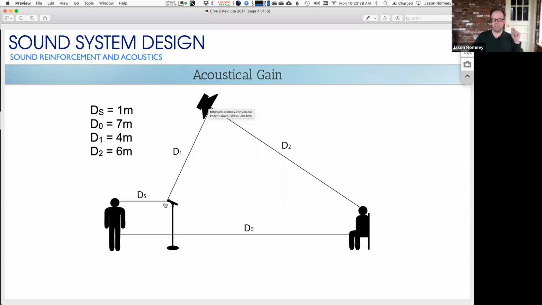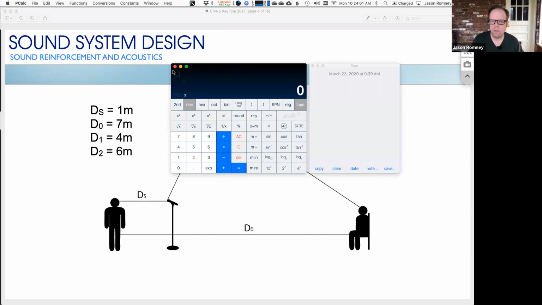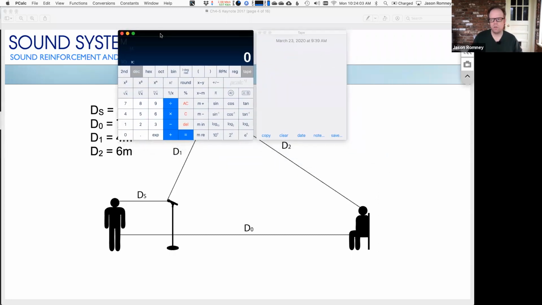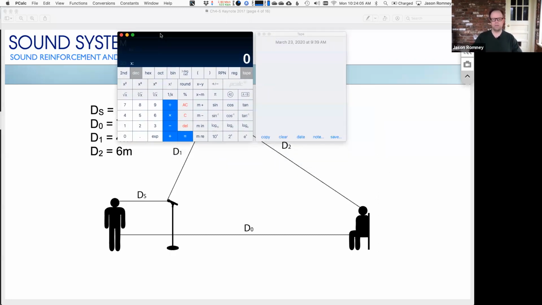What we want to figure out is, if the loudspeaker is hitting the microphone at 70 dB SPL, how loud is it over here at the listener? How might we figure that out? Well, we could do 20 times the log of the distances. Let's start with the level of the talker if we don't show up for work.